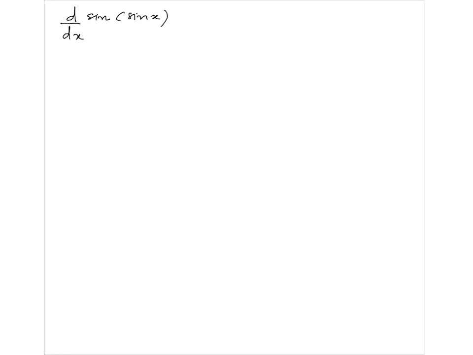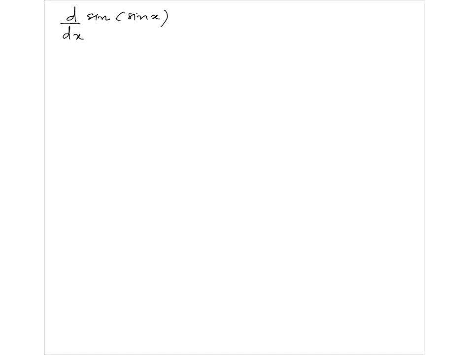Try this problem. Derivative of sin x. I can see the answer cos of sin x times cos x. Okay.